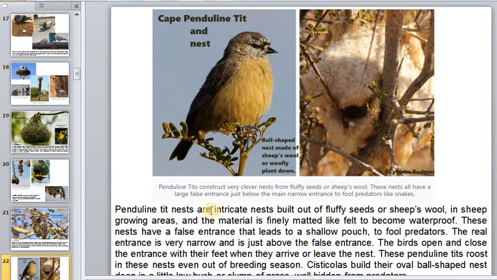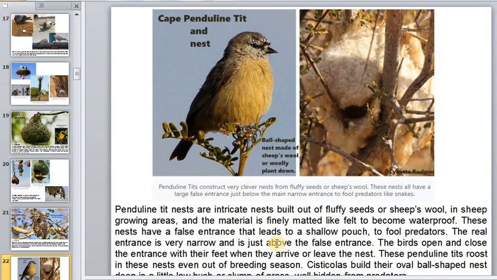An intricate nest built out of seeds or sheep's wool in sheep-growing areas, of course, and the material is finally felted to become waterproof. And these nests have a false entrance. It's very interesting. It leads to a shallow pouch to fool predators, and the real entrance is very narrow and just above the false entrance.